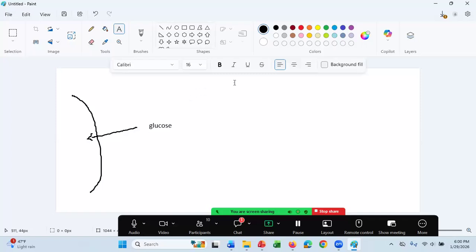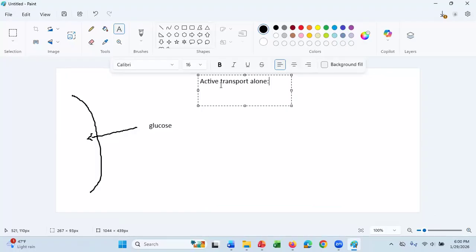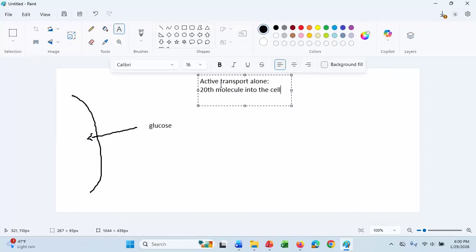If we were to use active transport alone, the 20th molecule to move, you'd have one molecule outside the cell moving into a cell that has 19 molecules.